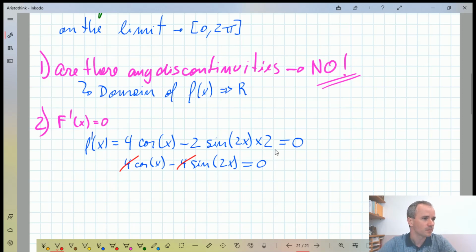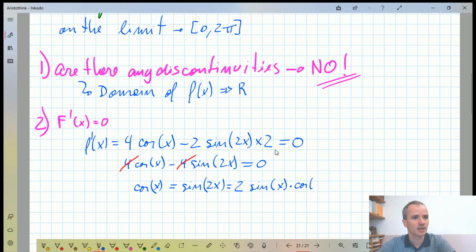Well, so now what we're going to have: the cosine of x equals, I'm going to put this one to the other side, so it's going to be sine of 2x. But if you remember from our trigonometry identities, you're going to see that the sine of 2x is nothing else than 2 sine of x times cosine of x.